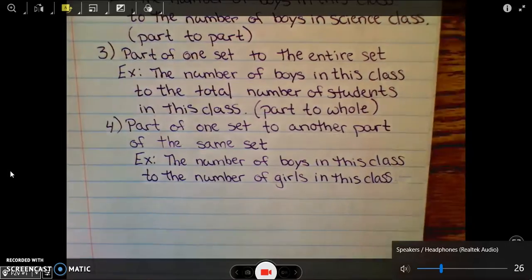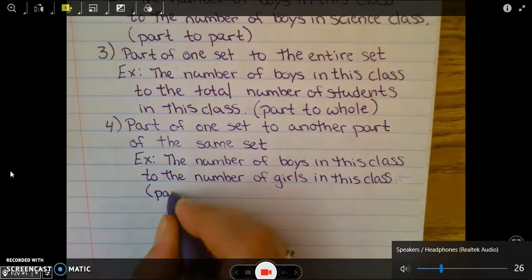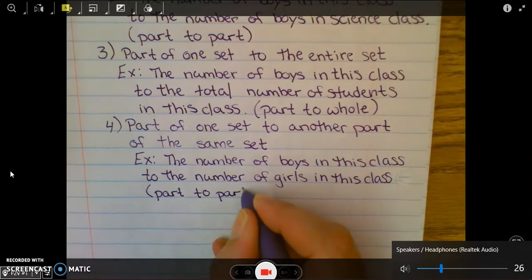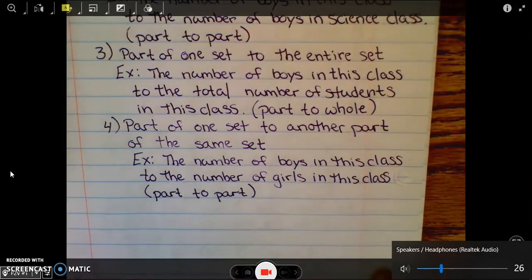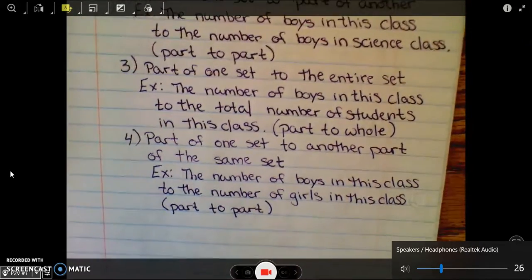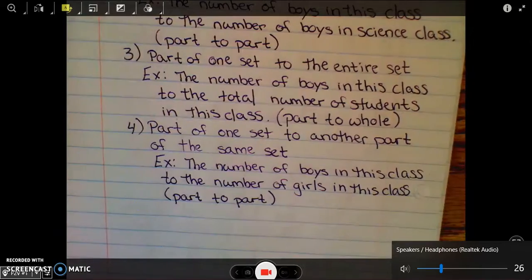And that would be also a two-part comparison. But instead of being between different sets like it was in number 2, this is between the same set.